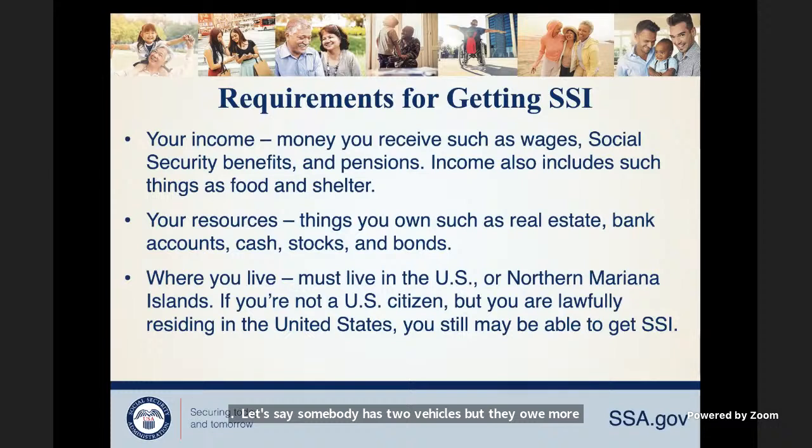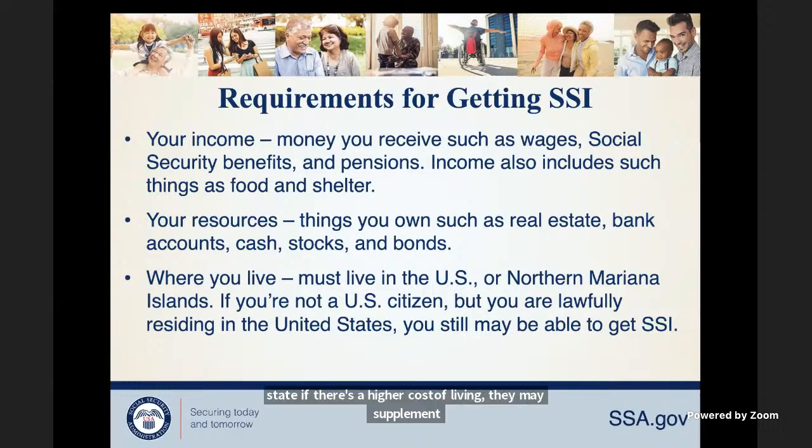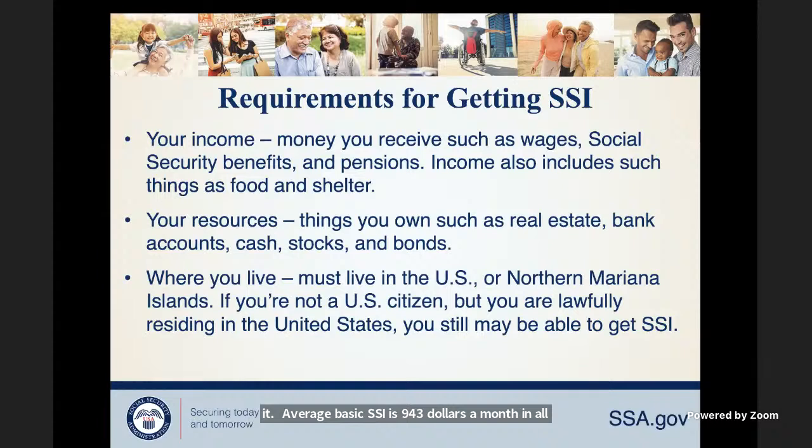Now, SSI can change from state to state. So what that means is sometimes the state, if there is a higher cost of living, they may supplement it. So average basic SSI is $943 a month in all states, but your state may kick in a little bit more to help with cost of living.